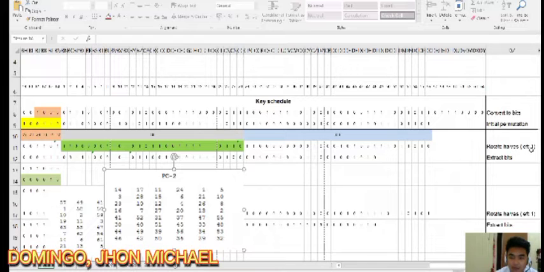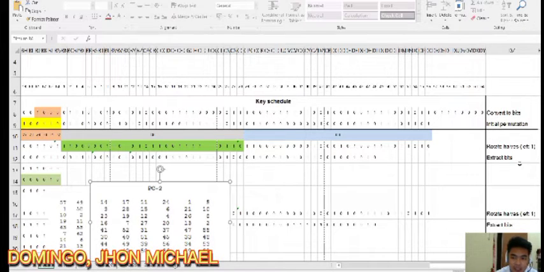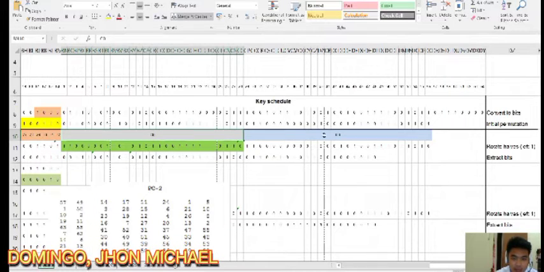rotate halves left 1. In rotate halves left 1, you need to divide the initial permutation into 2, so that you have a C0 and D0, each having 28 bits.